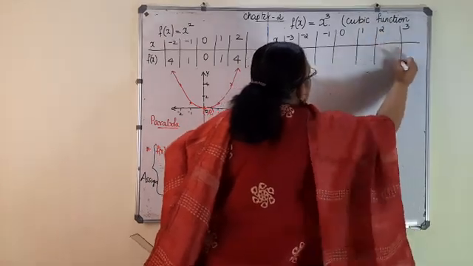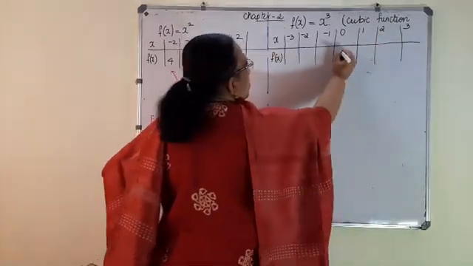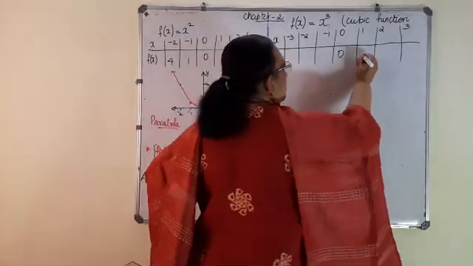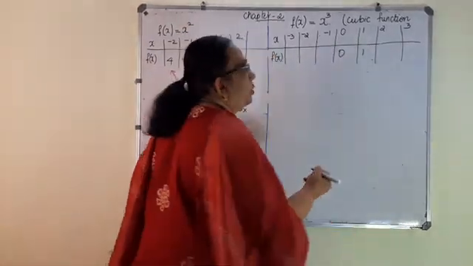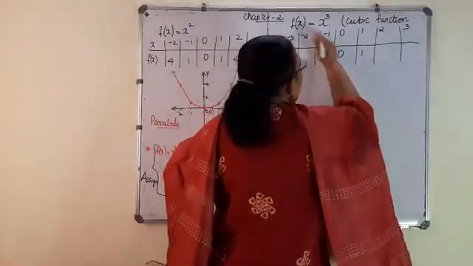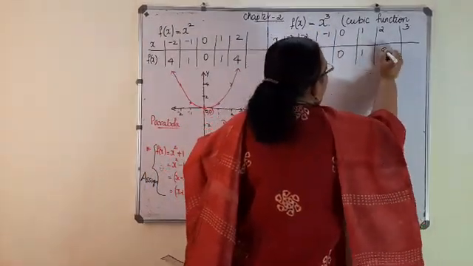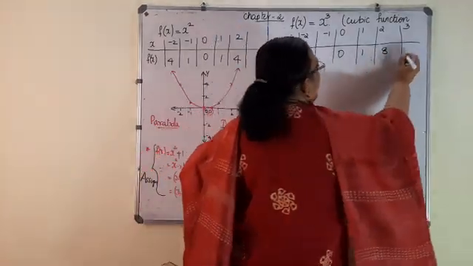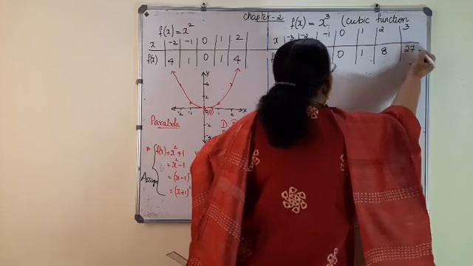When x is equal to 0, f of x is equal to 0. When x is equal to 1, it is 1 cubed, equal to 1. When x is equal to 2, f of x is equal to 2 cubed, equal to 8. When x is equal to 3, 3 cubed is equal to 27.